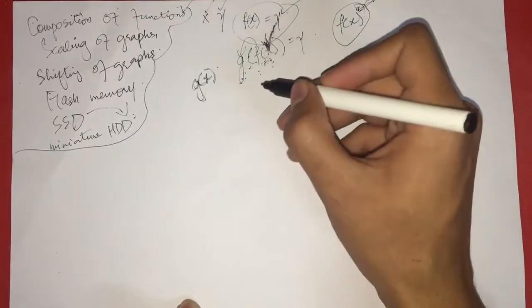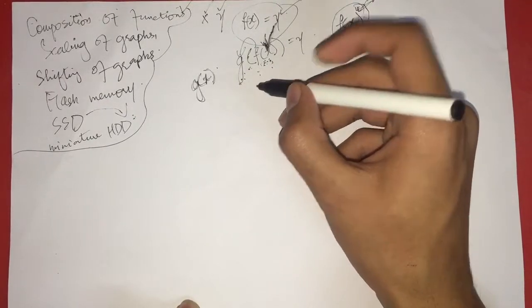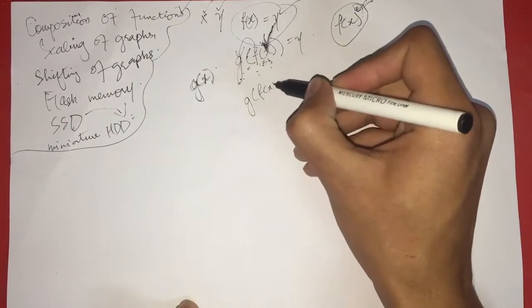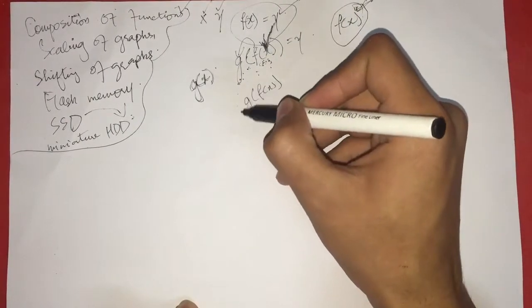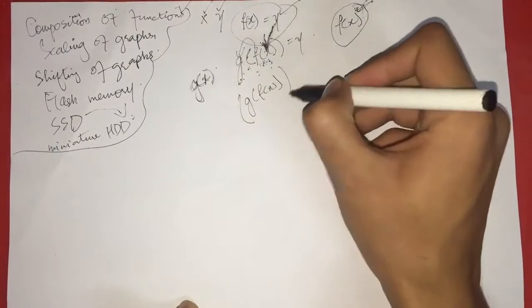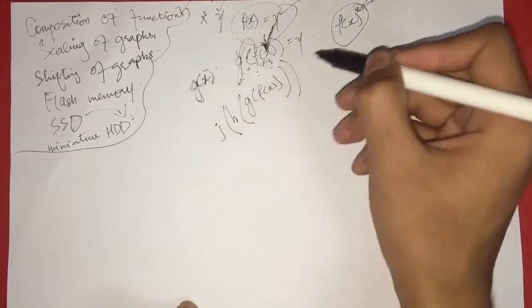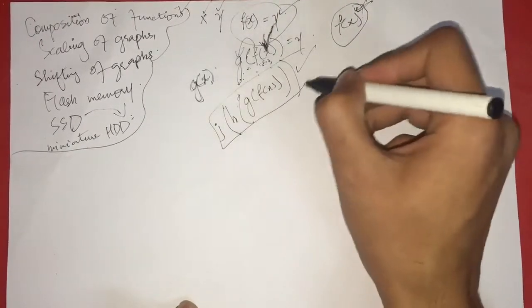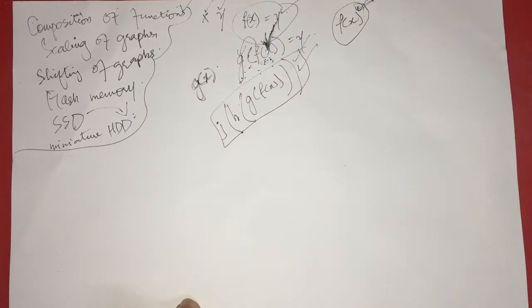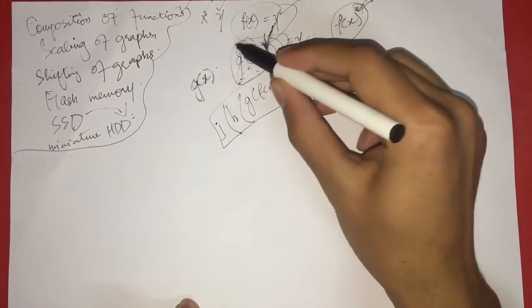And you can also have many functions combined into one. For example, you can say you have g of f of x, and then g is composed of h of x, and then h of x is composed of j. You can have many functions combined together, which we are going to study later, but for now we are just going to study two functions combined together.